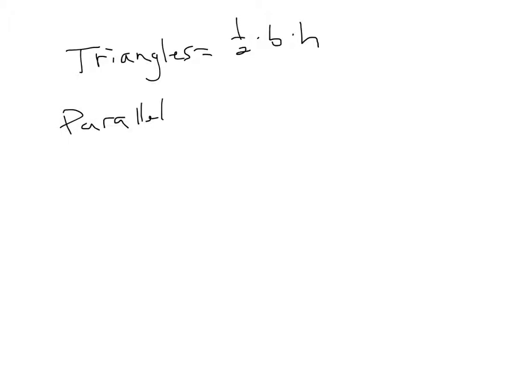So your triangles piece. Remember that formula for area, and this is all area, is going to be half times base times height. Then we started dealing with parallelograms. The idea behind parallelograms is just like it is for rectangles and squares, because those are parallelograms.